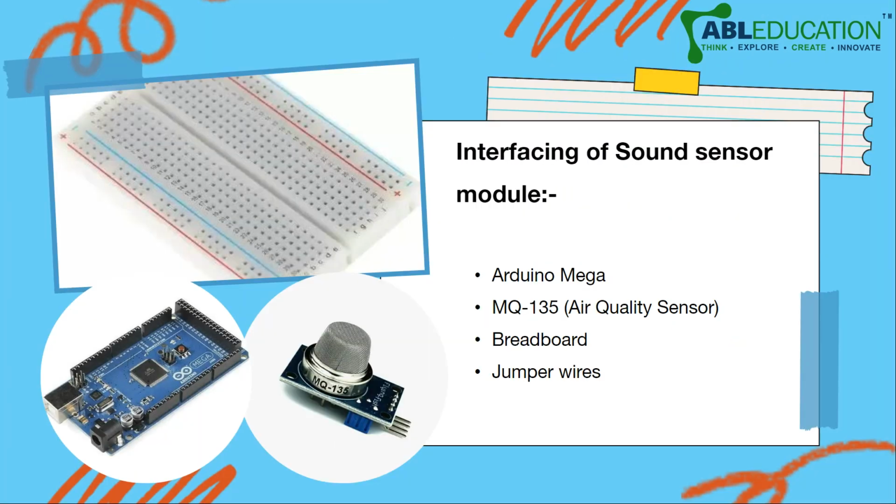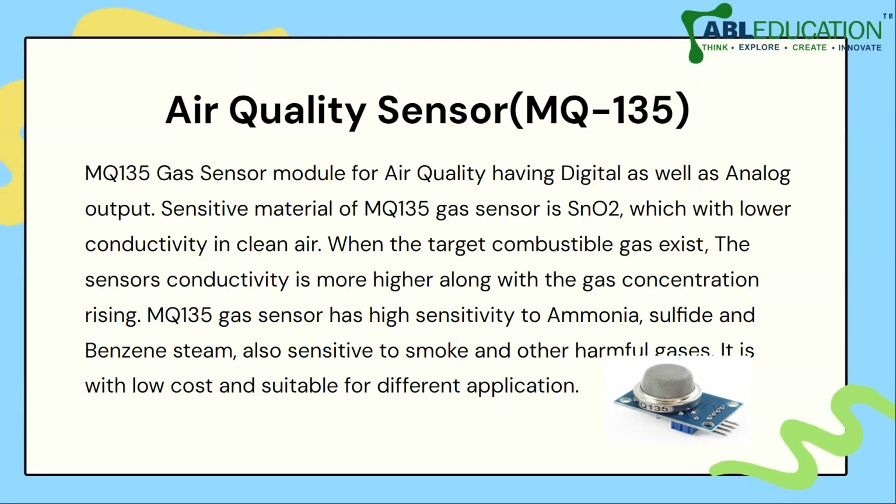For this project we are going to use an Arduino Mega board and the MQ135 sensor module. You can use this sensor as a digital as well as an analog sensor. I'll tell you how, but here our main purpose is to use this sensor as an analog sensor. These sensors are sensitive to SnO2, which has lower conductivity in clean air.